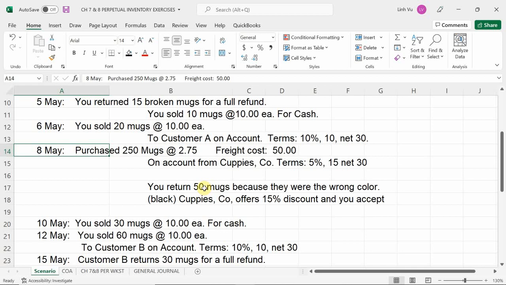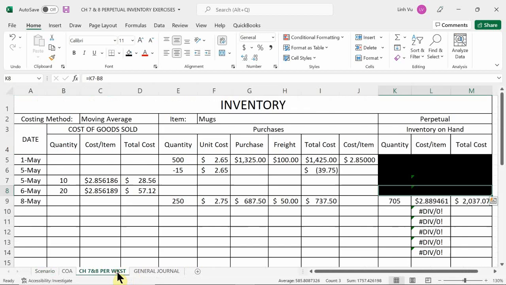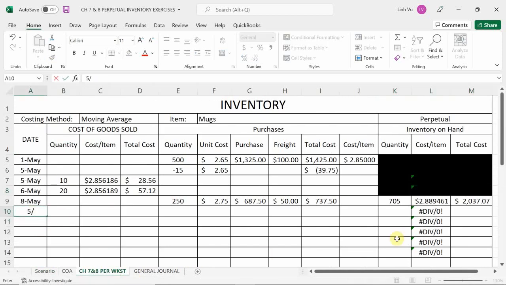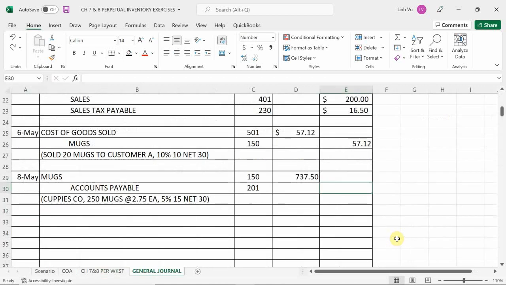So I need to calculate what 15% of those 50 mugs is. Now in this case, let's go ahead and figure it out right here on an inventory worksheet. It is the same day, May 8th, right? Let me fix the date here. Okay, so May 8th.